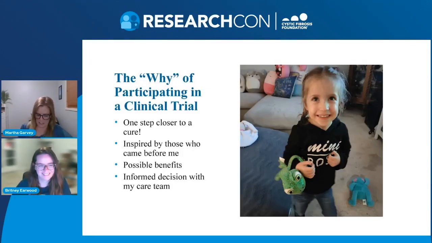There are so many people that have done things for my generation of people with CF that have made my life more manageable, easier. And like you mentioned, having that stepping stone, having that little bit of hopefully a positive effect on research and the future of the CF community, it's a big one.